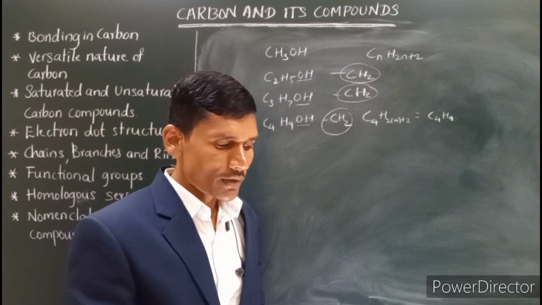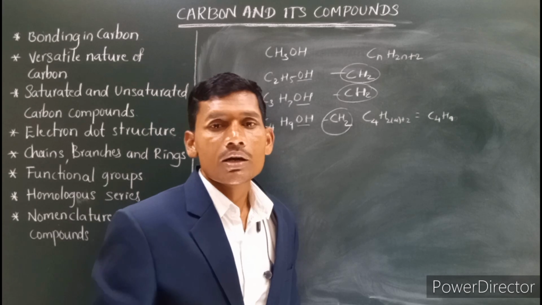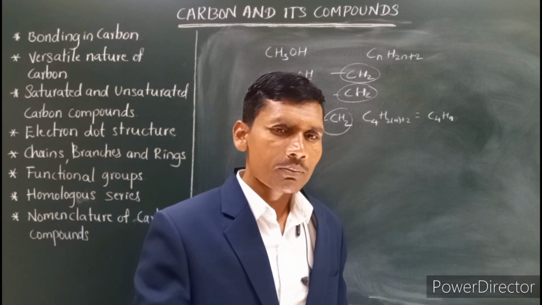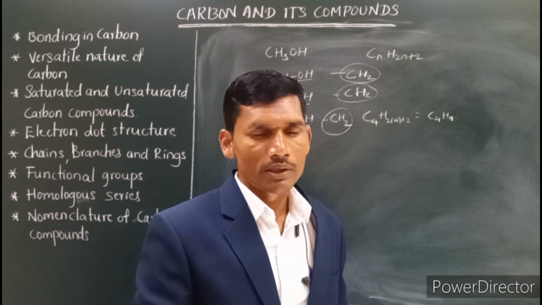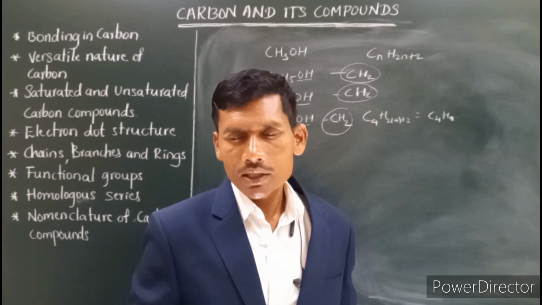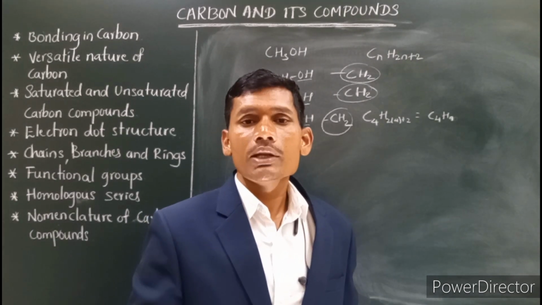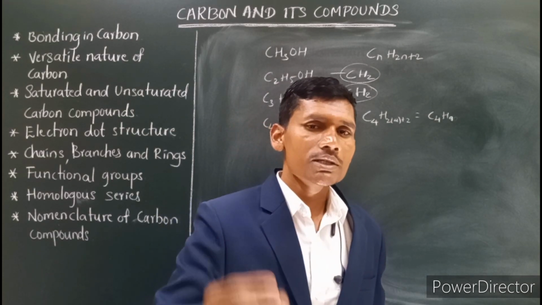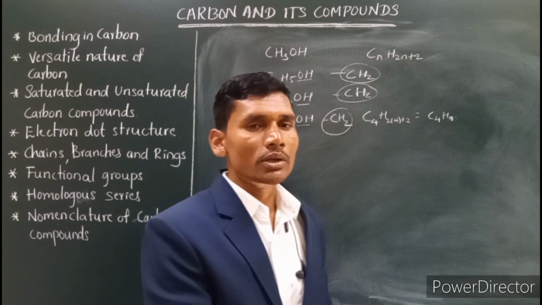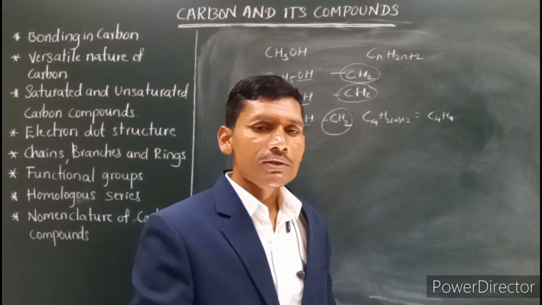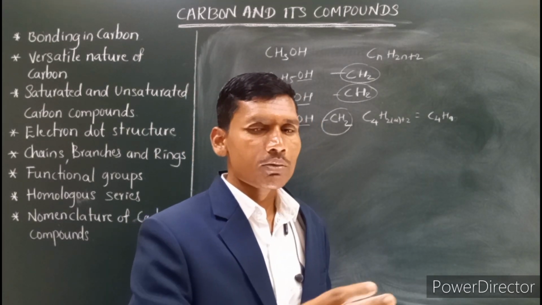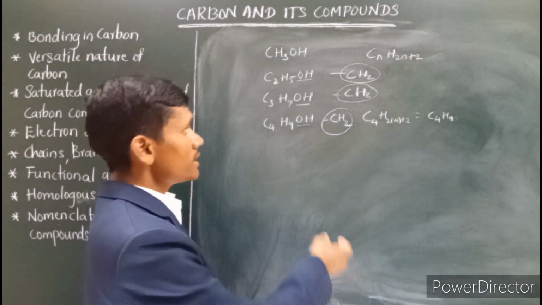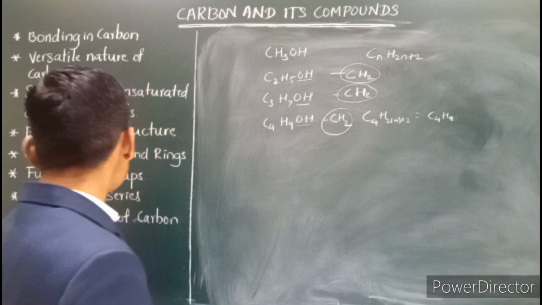If they ask what happens to the physical and chemical properties in the homologous series, only the chemical properties remain the same, but the physical properties change. They increase because as molecular mass increases, physical properties such as melting point and boiling point go on increasing. This is a homologous series.